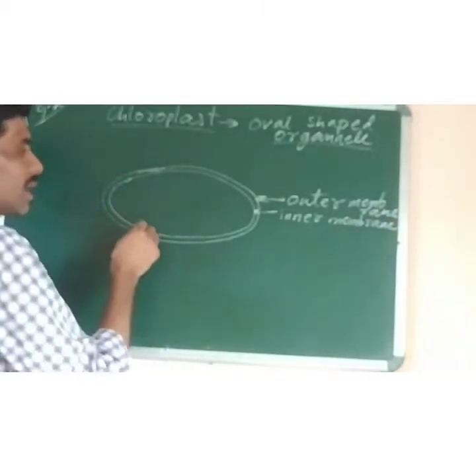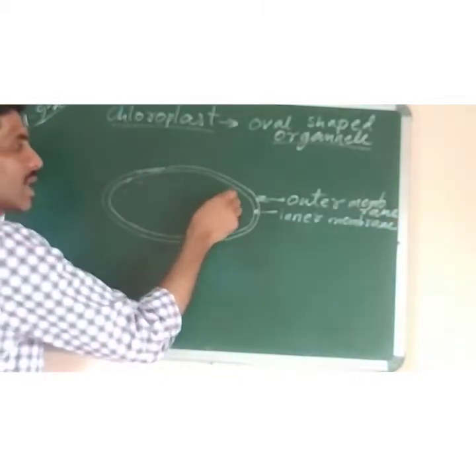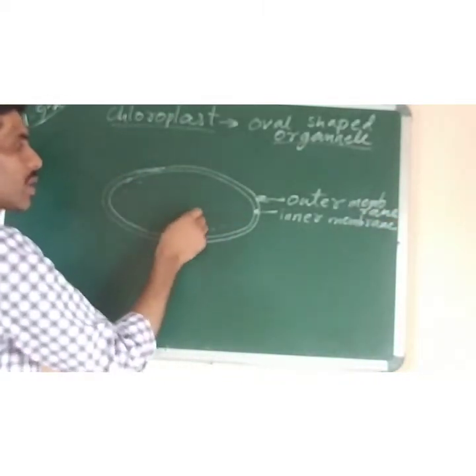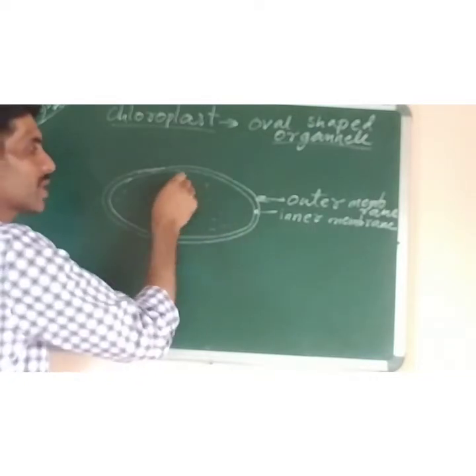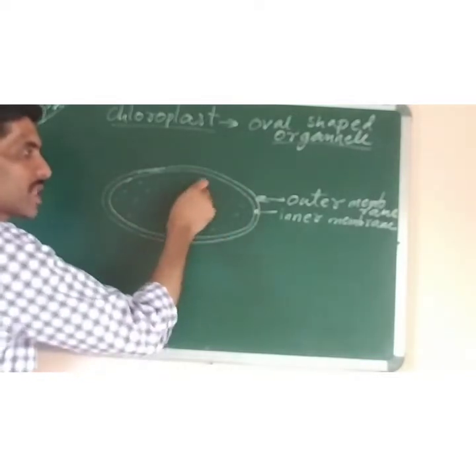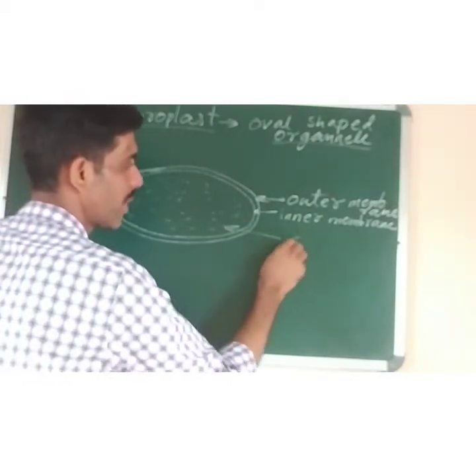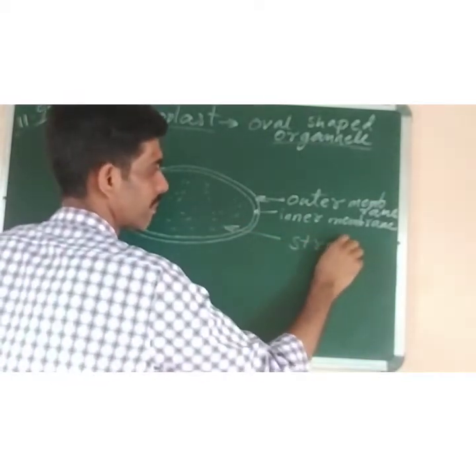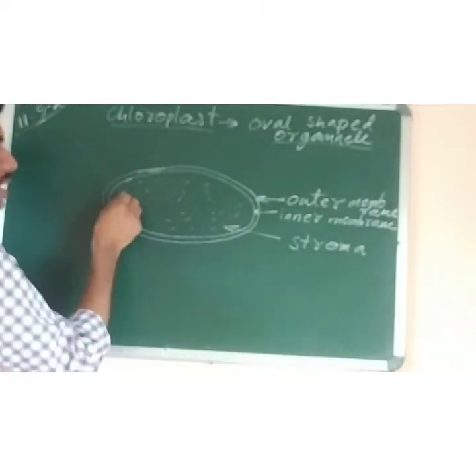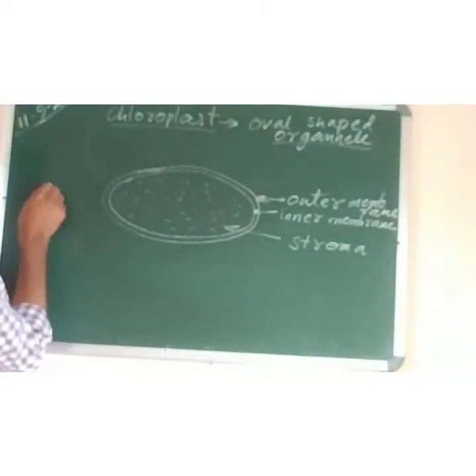Okay. Then inside it we have the stroma. Stroma means the ground substance or the matrix is called stroma. S-T-R-O-M-A, stroma. And it consists of many coin-like structures placed one on top of the other.